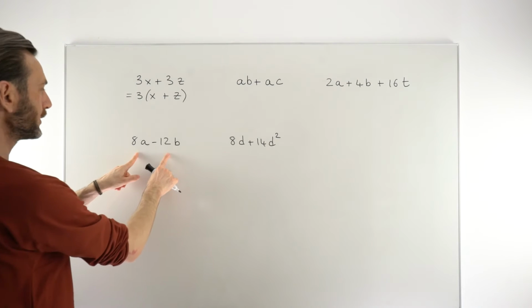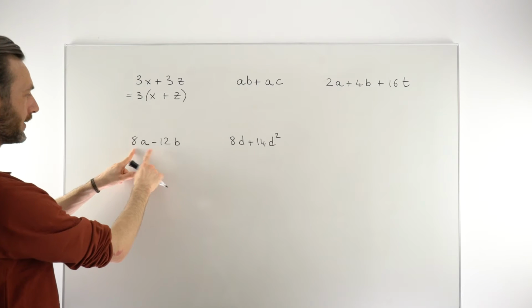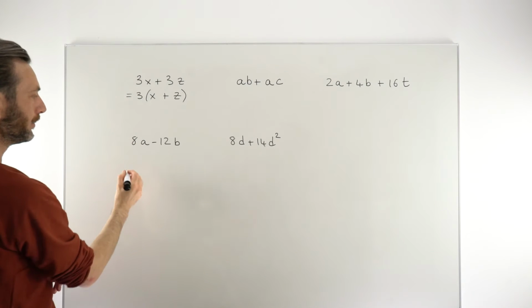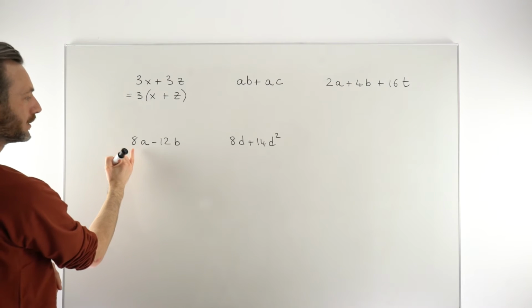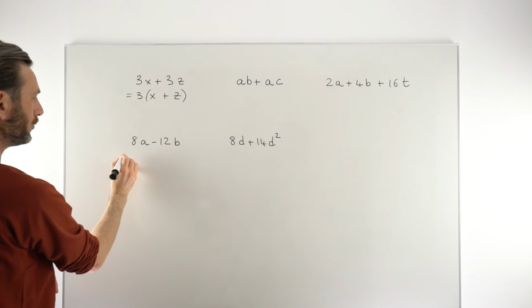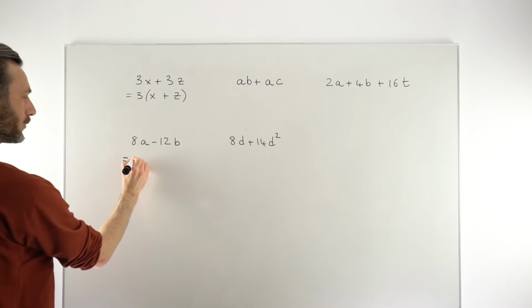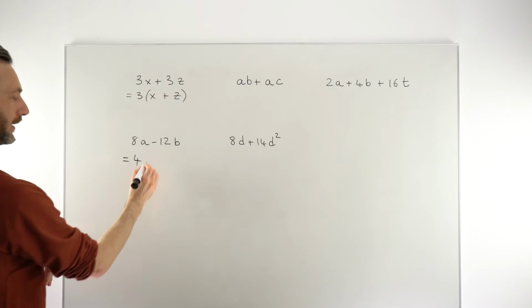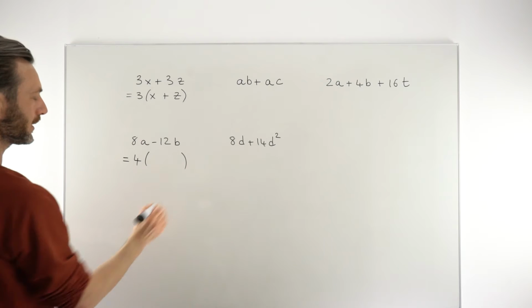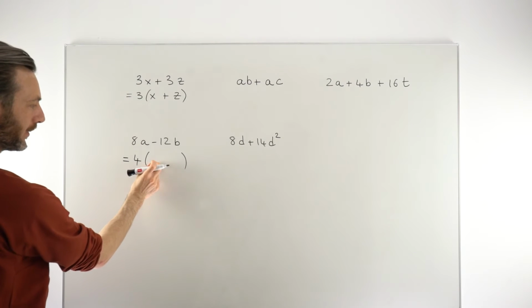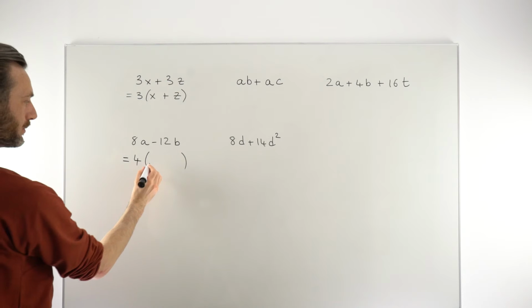So this one here, we're looking not for anything that's physically present in both, because clearly there is nothing like a 3, but we can see that 4 divides into both 8 and 12. That would be the highest common factor of those numbers. So 4 is going to be our common factor for this question. So we can put down the bracket again and then just think, what do I need to put here so that the thing that goes here times 4 gives me 8a?